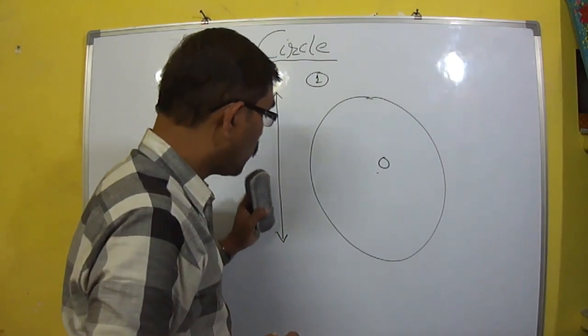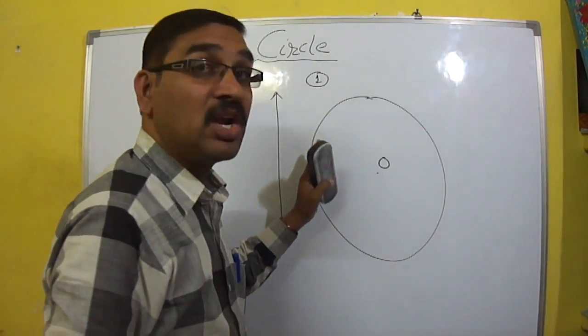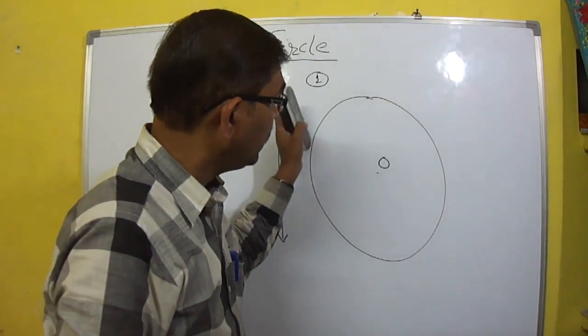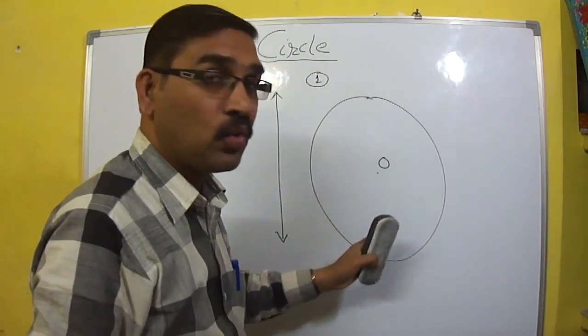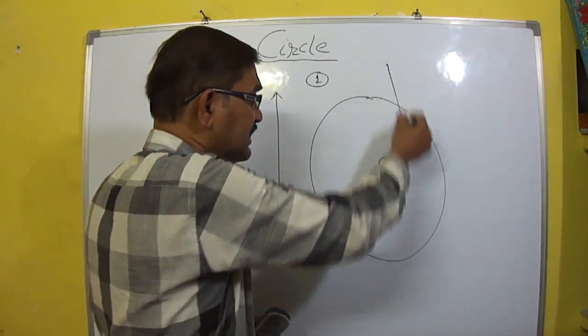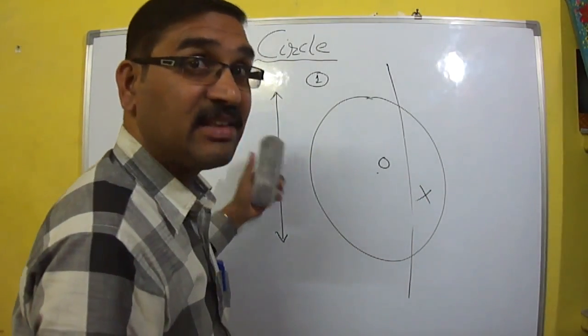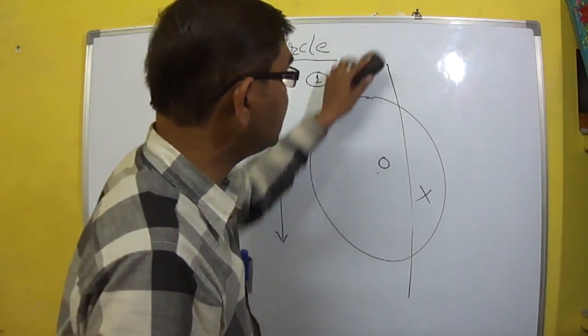So we have to call this line a non-intersecting line, क्योंकि वो लाइन, ये सर्कल को बिल्कुल भी इंटरसेक्ट इस तरह से नहीं कर रही है. So we have to call this line a non-intersecting line of this circle.